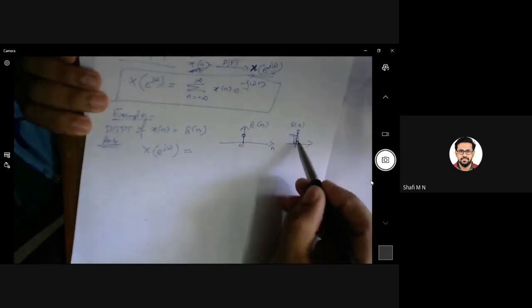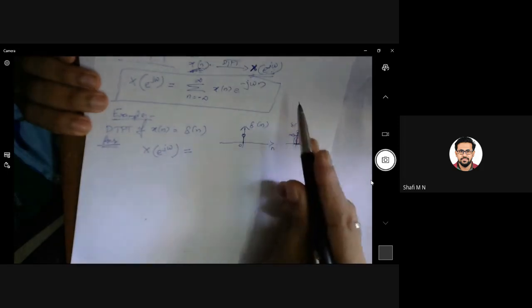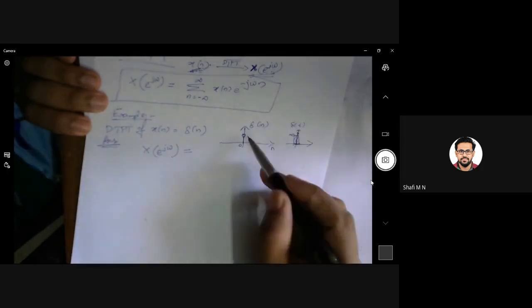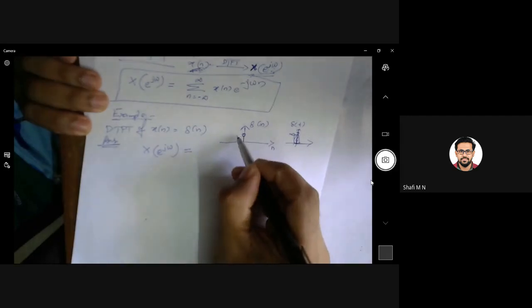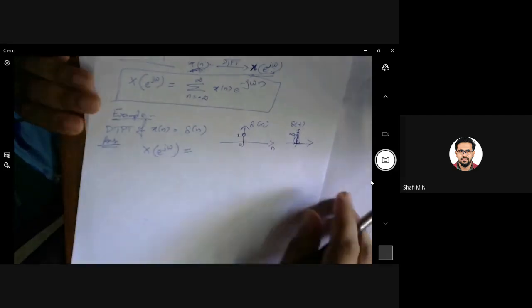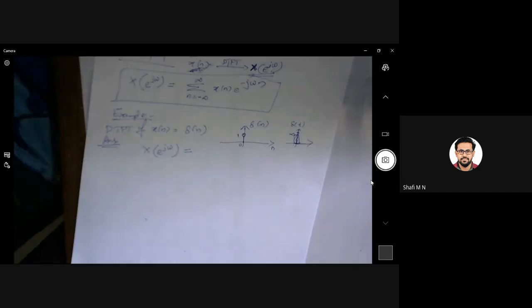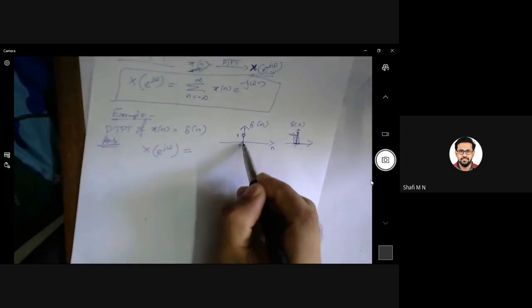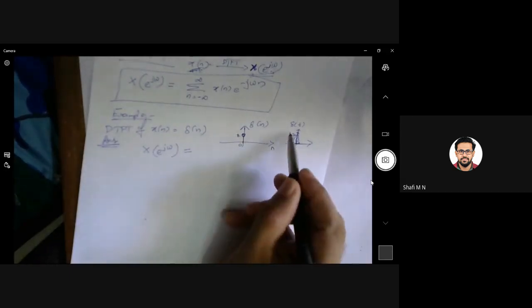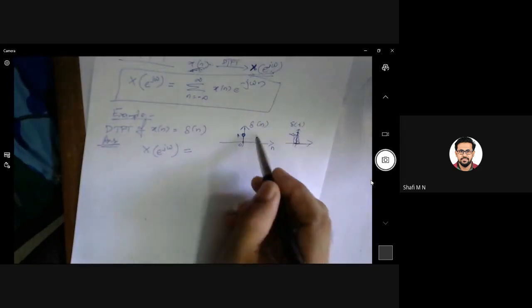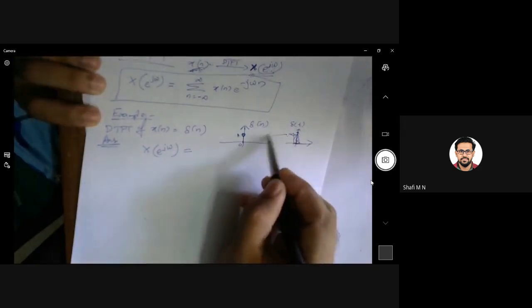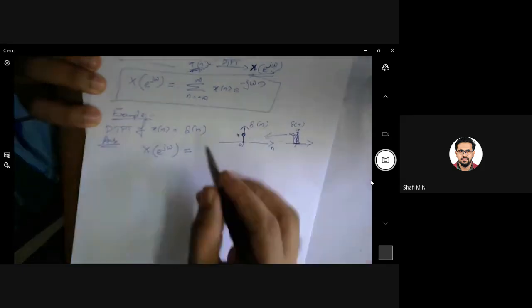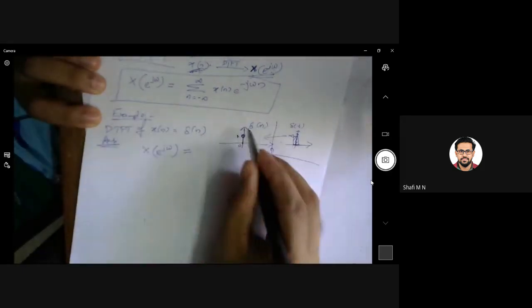Area under this should be 1. So when the base is limited to 0, it will go to infinity. Del of n, the amplitude is 1. That's the basic difference. Because del of n is discrete, it is specific to this particular 0 only, and the amplitude will be 1. Here the amplitude will be infinity. So that's the difference between continuous and discrete impulse. So this is our signal.